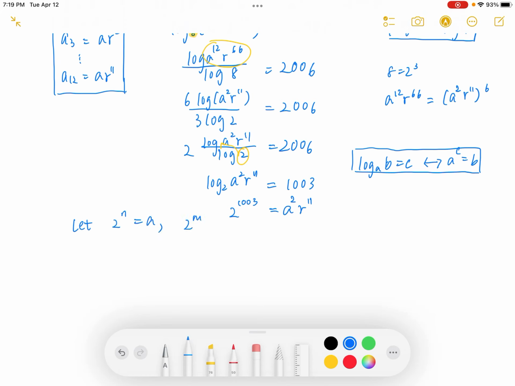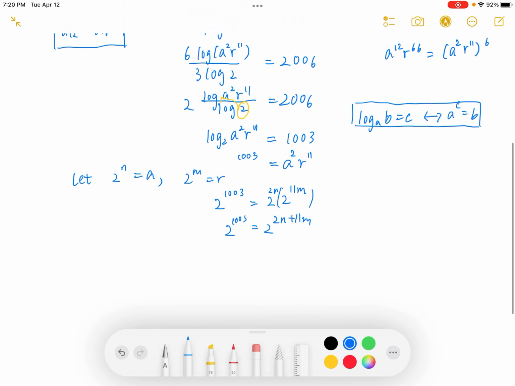So 2 to the power of 1003 is equal to 2 to the power of 2n times 2 to the power of 11m, which is 2 to the power of 2n plus 11m. So 1003 is equal to 2n plus 11m.